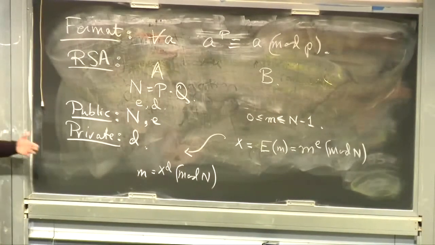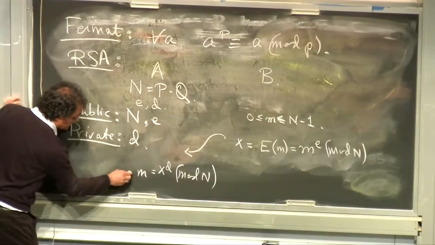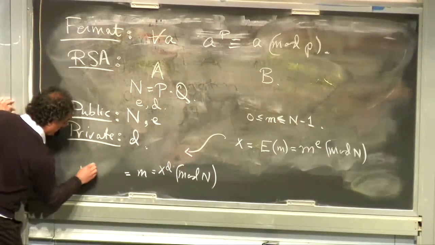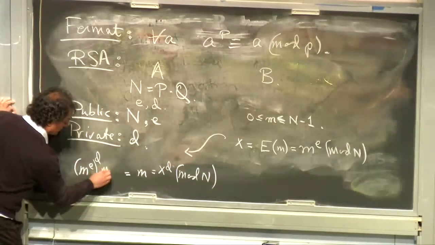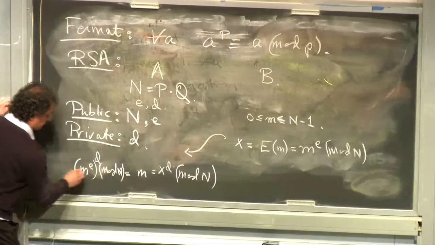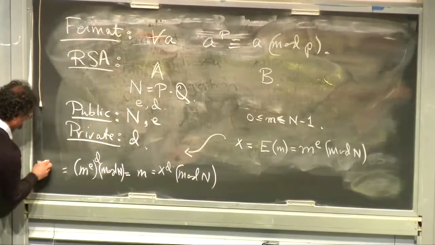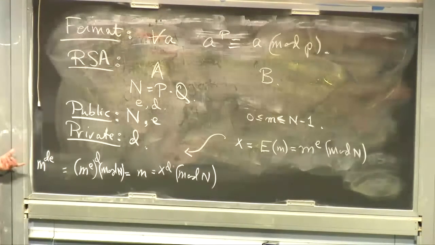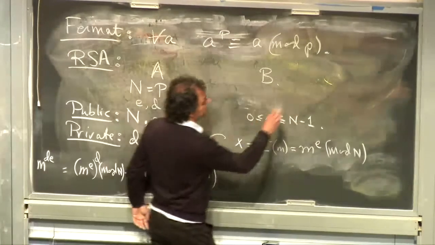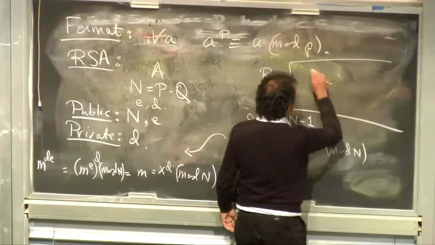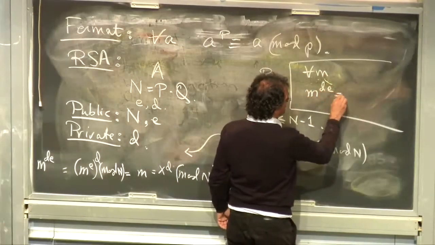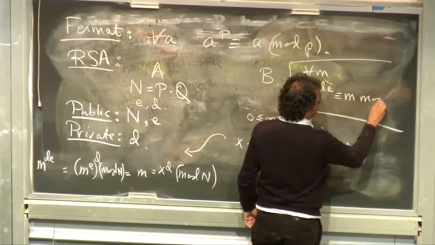Now if you work through this, x raised to the power of d is m raised to the power of e, whole raised to the power of d mod n, which is the same as m raised to the power of d times e mod n. And so the property we want from RSA is that for every m, m raised to the power of d times e is congruent to m mod n.